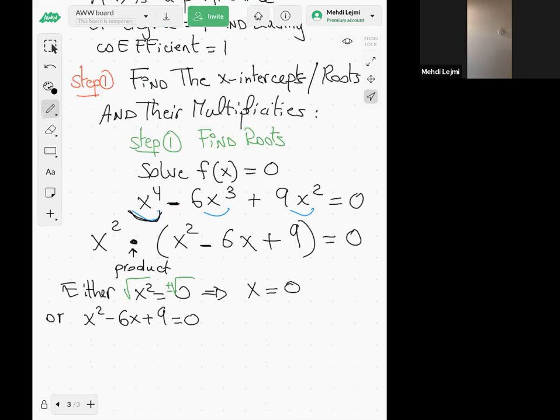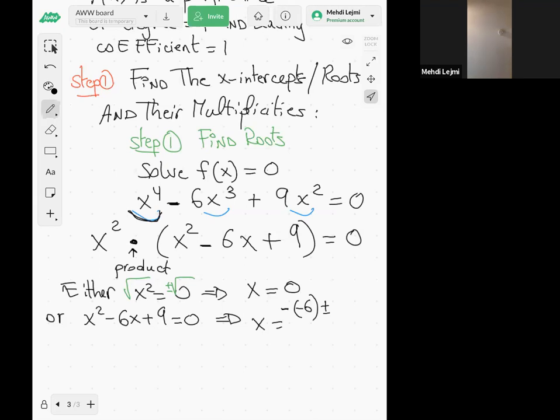Now for the second equation, it's a quadratic equation, so you can use the quadratic formula. Your x would be minus b, so minus negative 6, plus or minus the square root of negative 6 squared, that's 36, minus 4 times 1 times 9, that's 36.